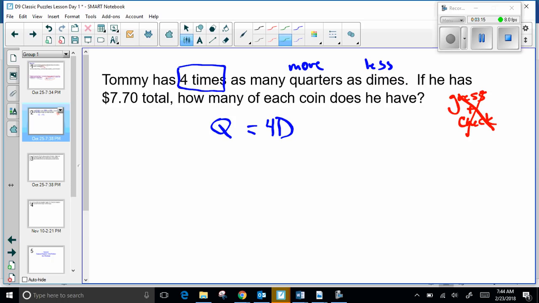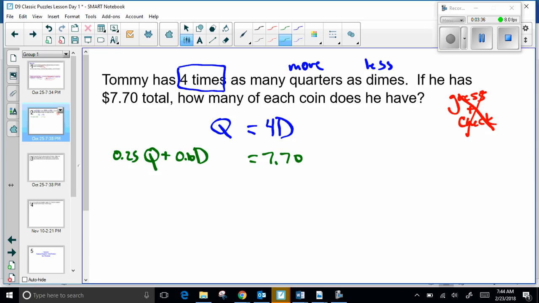The second part is, if it makes $7.70 total, well, that's our first clue on how to get our equation started. We know that it's made up of quarters and dimes. Well, how much is every quarter? It's 25 cents. How much is every dime? Well, it's 10 cents. And then we add that together.